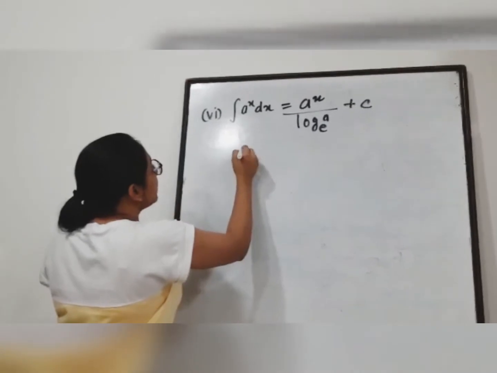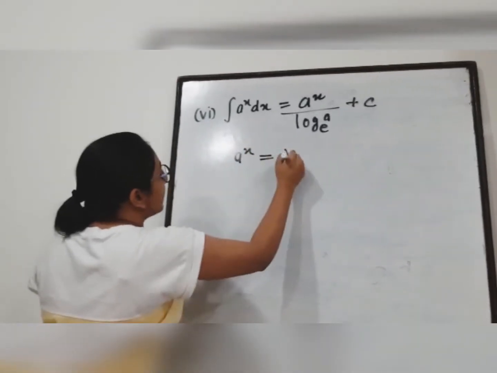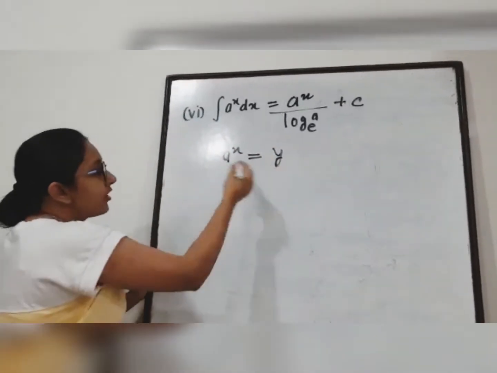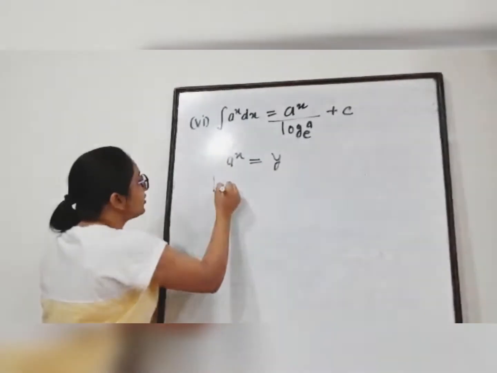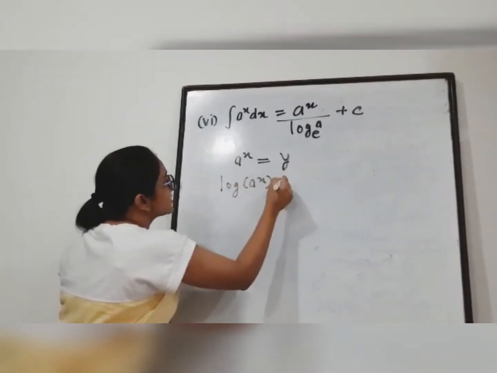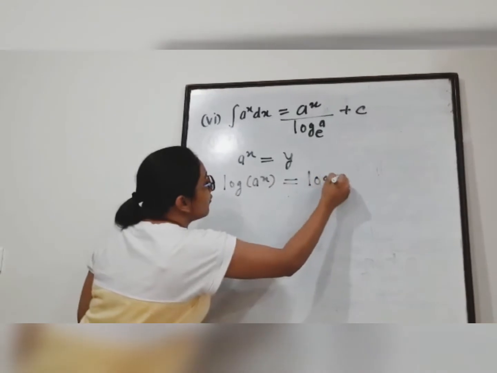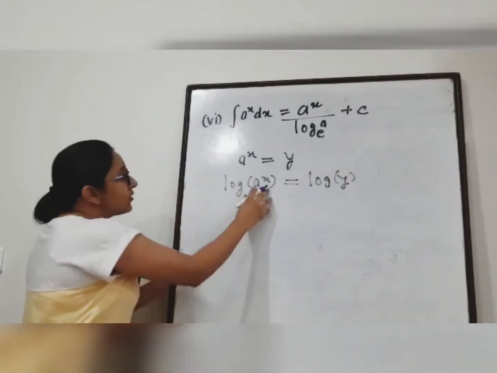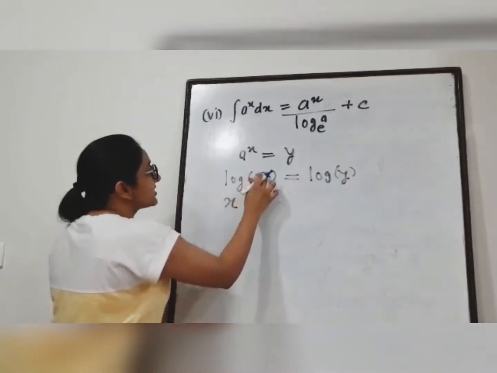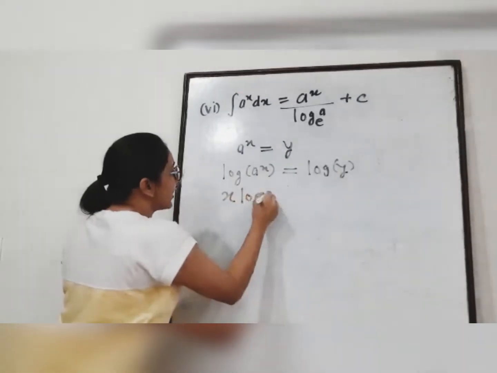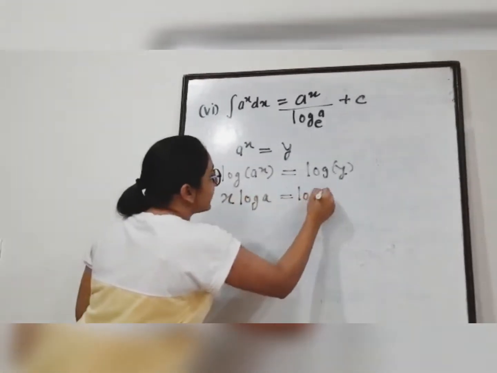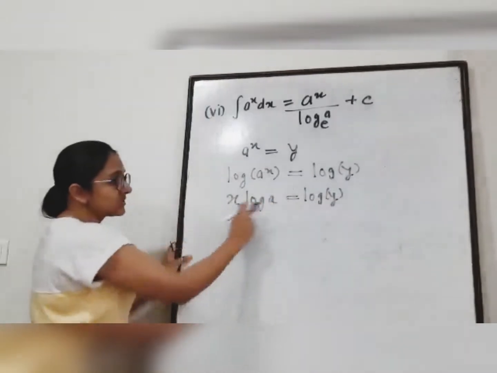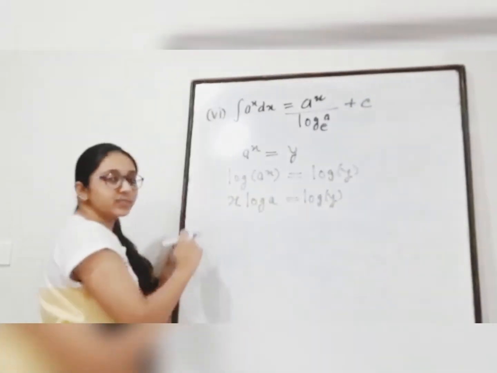Let's take a to the power x as y. Take log on both sides. So log a to the power x is equal to log y. Now this x will come here and it will be x log a is equal to log y. Differentiate both the sides, the LHS and the RHS, with respect to x.